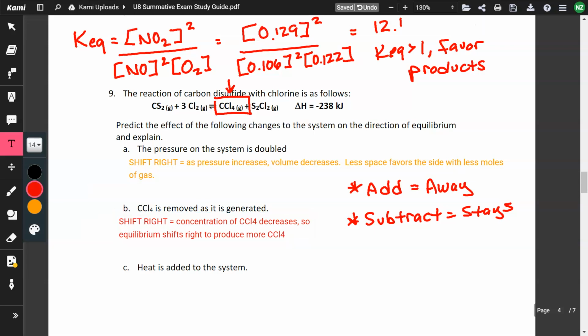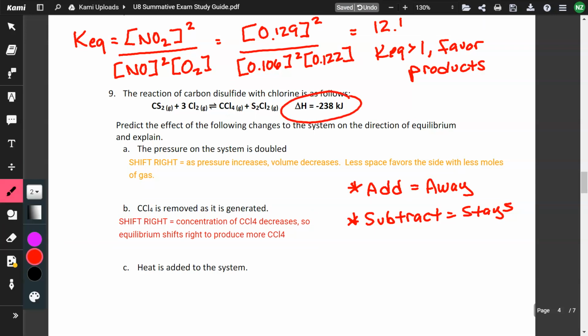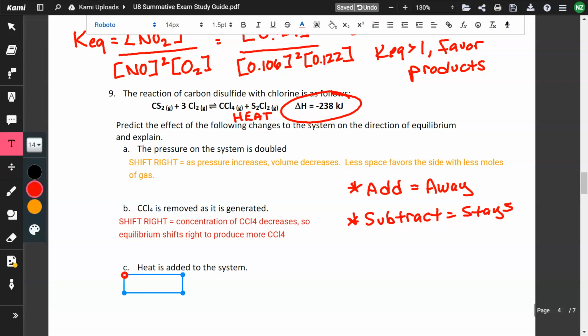Heat is added to the system. Our delta H value is negative. Since it's negative, that means we're going to have heat on our product side. We're releasing heat. Heat's leaving our reaction. We're adding heat, so it's going to shift away.